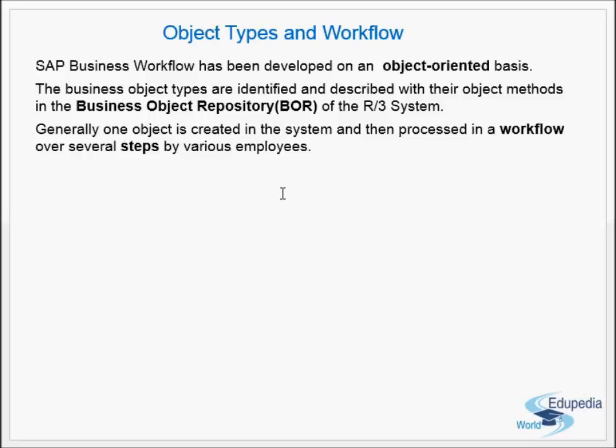One object is created in the system and then processed in a workflow over several steps by various employees. So on the same object, different workflows can flow. Let us take an example of a leave record. N number of employees create n number of leave records of their own.